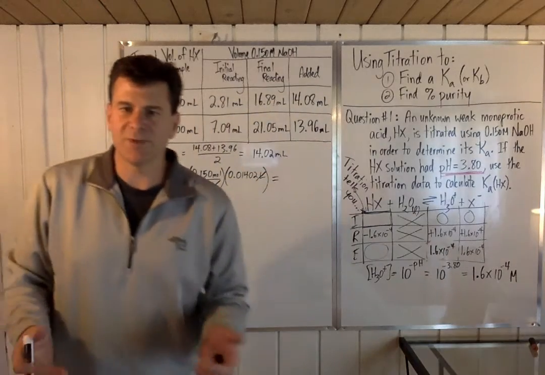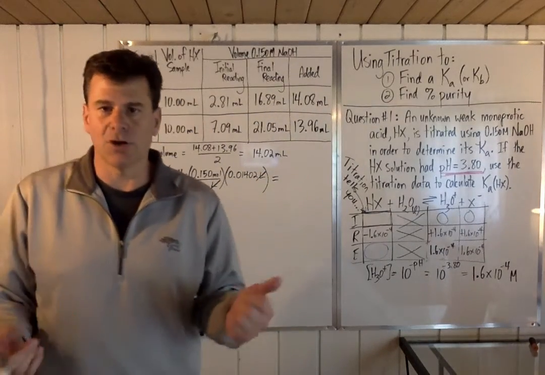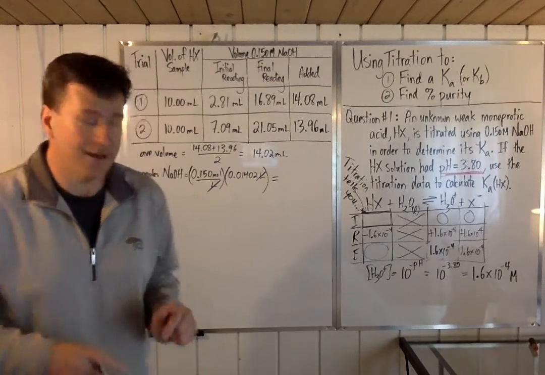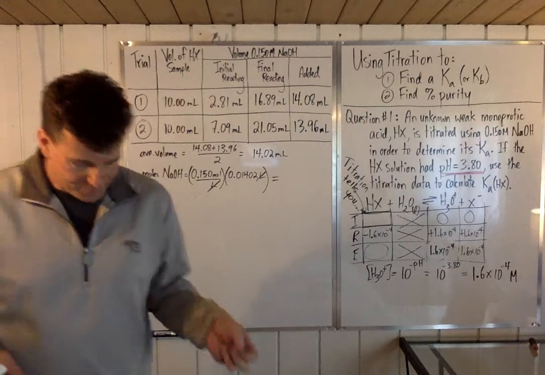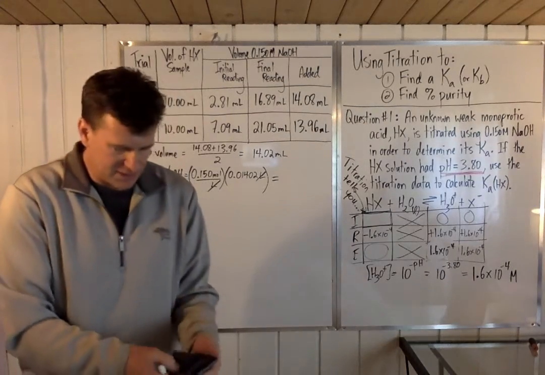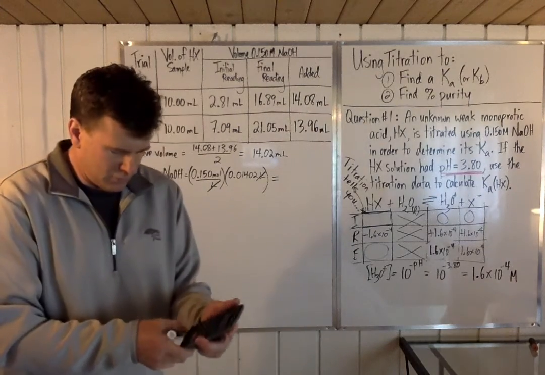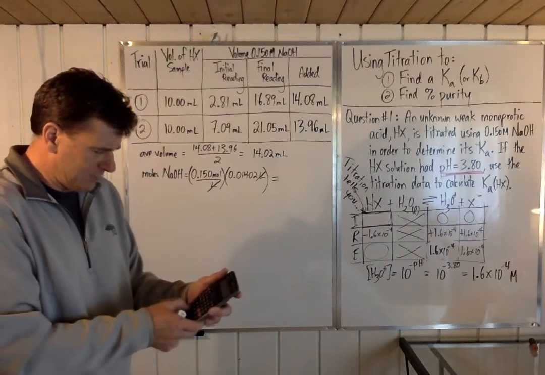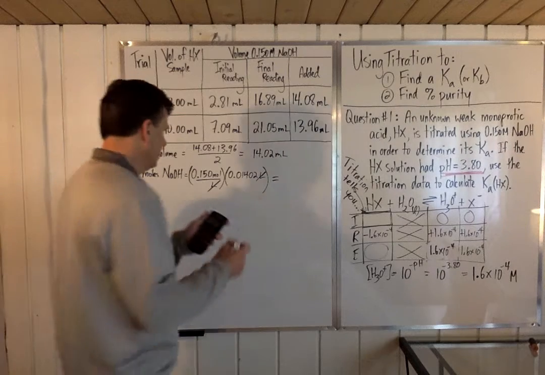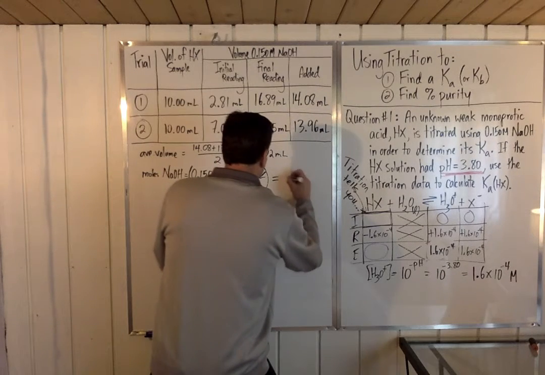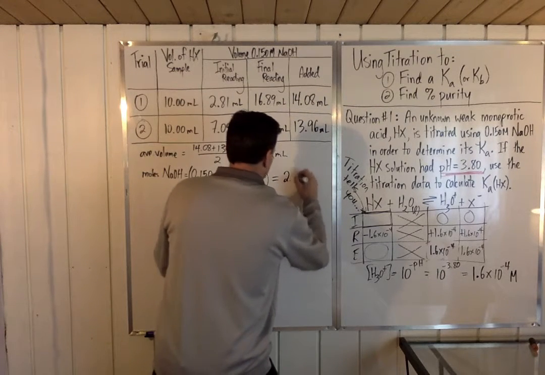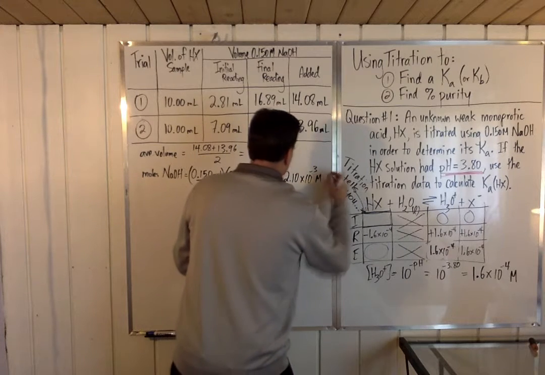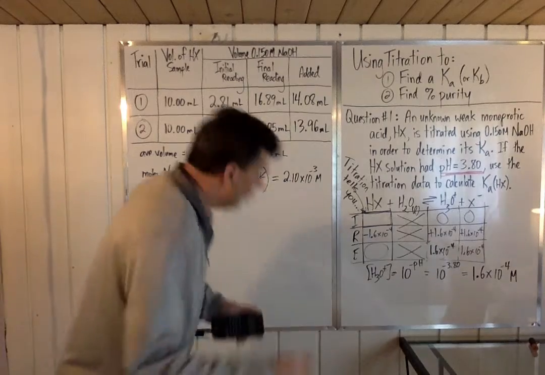You have to convert to liters so that the liters cancel. There's 1,000 mils, so move the decimal 3 places to the left. We do the math: 0.15 times 0.01402 equals, to 3 sig figs, 2.10 times 10 to the negative 3. Not molar, sorry, moles.